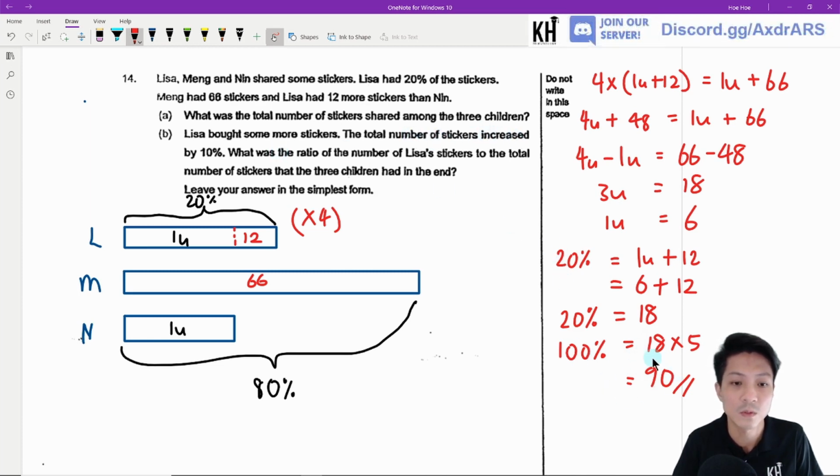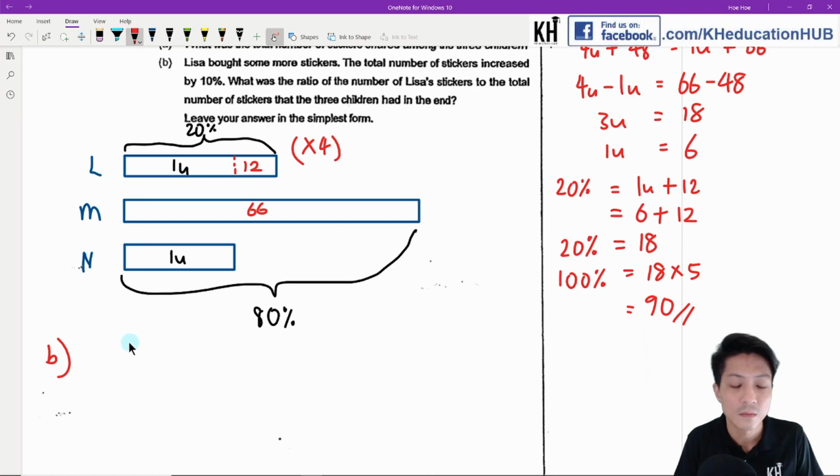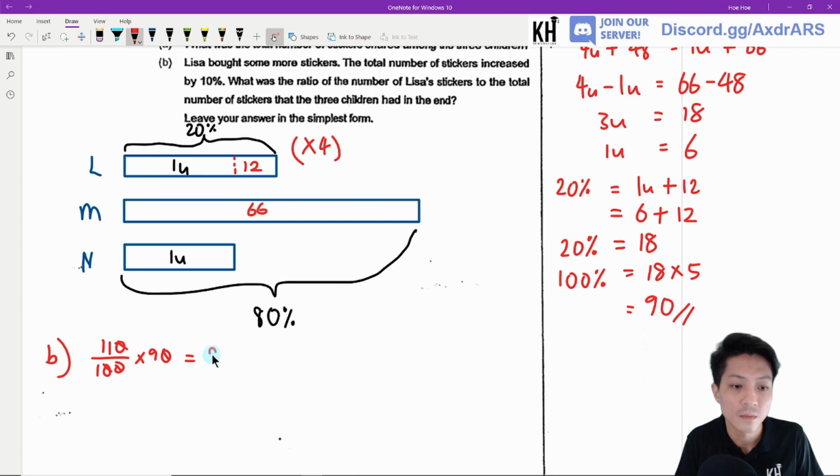Okay, so I'm going to do part B over here. So first I'm going to increase this 90 by 10%. Okay, so it'll be 110 over 100 times 90. Okay, that is going to be equal to 99.